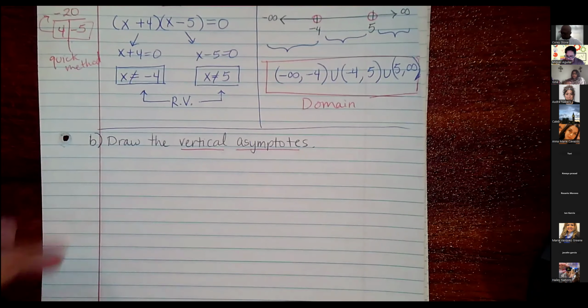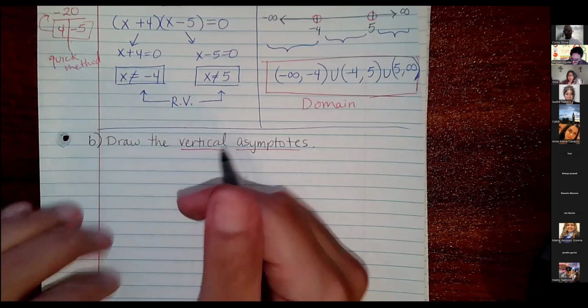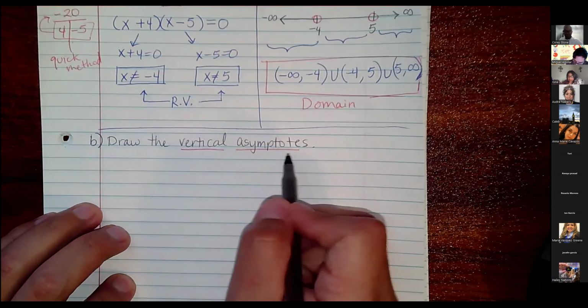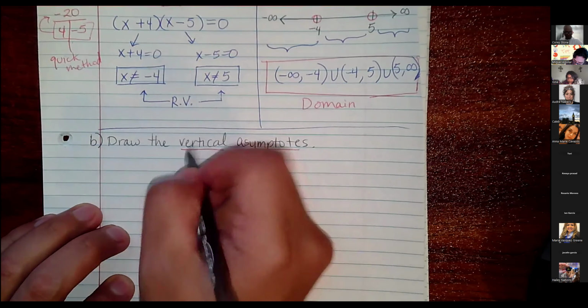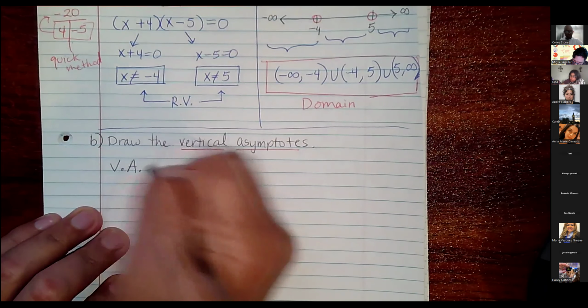Draw the vertical asymptotes. So what you have to understand here is that we have a new vocabulary word, and that's vertical asymptotes. The vertical asymptotes, or I'm just going to put VA here just to abbreviate it.